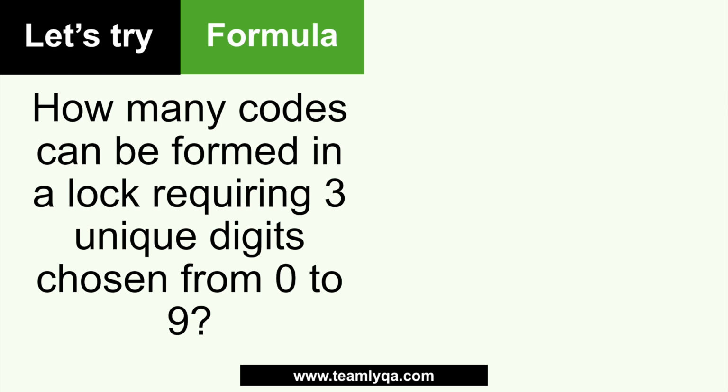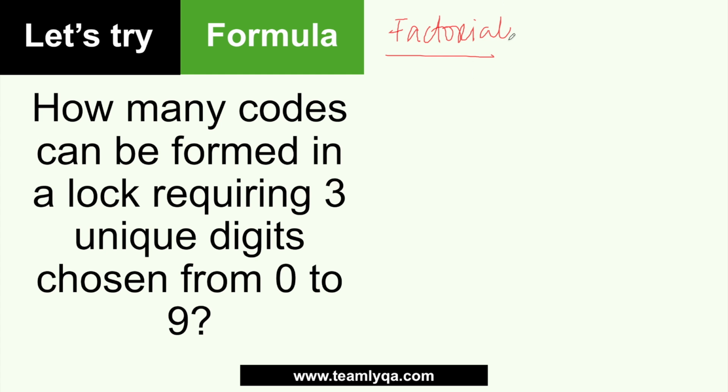Now, the other option would be for you to use a formula. And for you to use a formula sa case ng permutation, you would need to be familiar with something called a factorial. Ano ibig sabihin ng factorial? Ibig sabihin nito, you're going to multiply yung number na yon sa lahat ng mga susunod na numbers pababa until makarating ka sa 1.